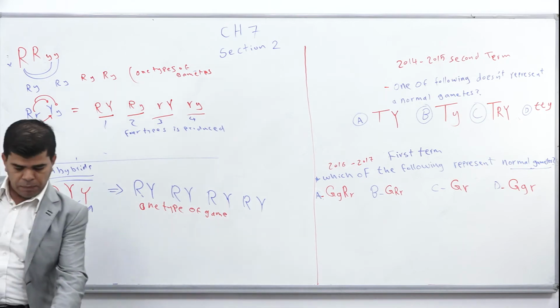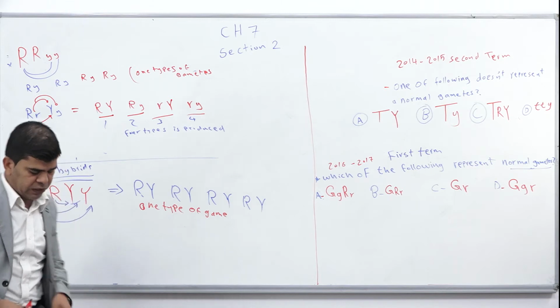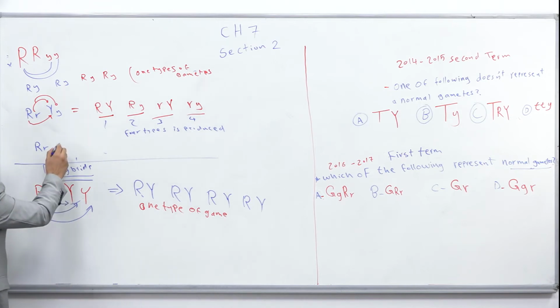Another question: for example, how many gametes are produced from R capital, R small, and Y small, Y small?